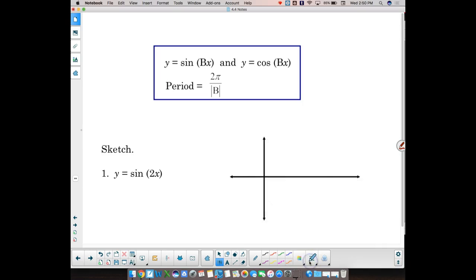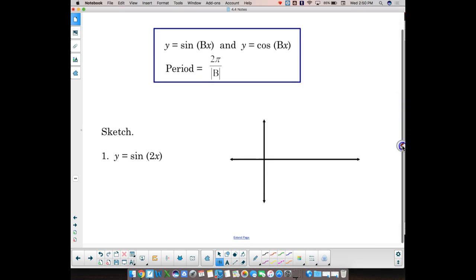You know that we're going to start in the middle, go up, come back down, and end in the middle. So you throw the curve on there. I know because there is a 1 there that my maximum is 1, my minimum is -1.